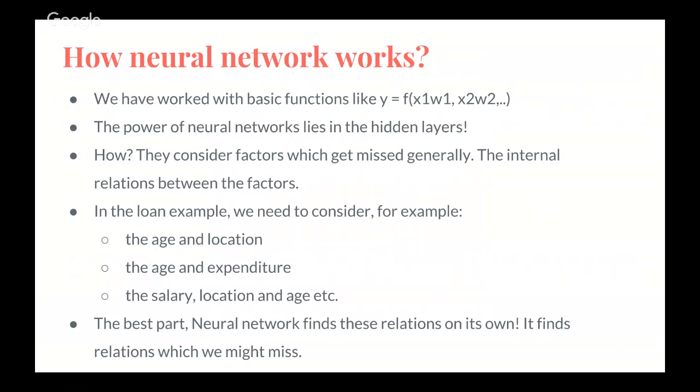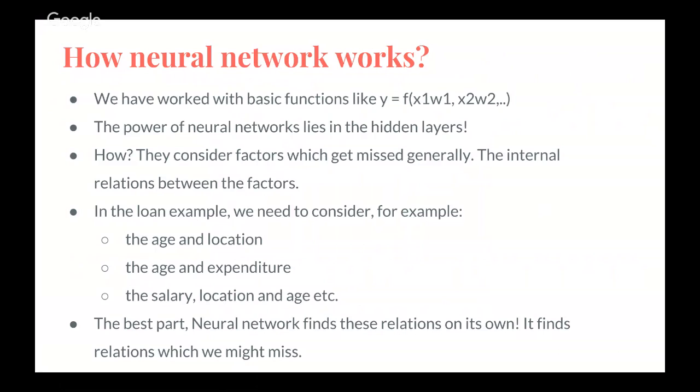Okay, so how it works is we have input, we have output, we have some hidden layers. That's how a network looks. Okay, and we provide some training data to the input, and we know the output. So based on that training data, the network learns how to find the output on its own for future values.